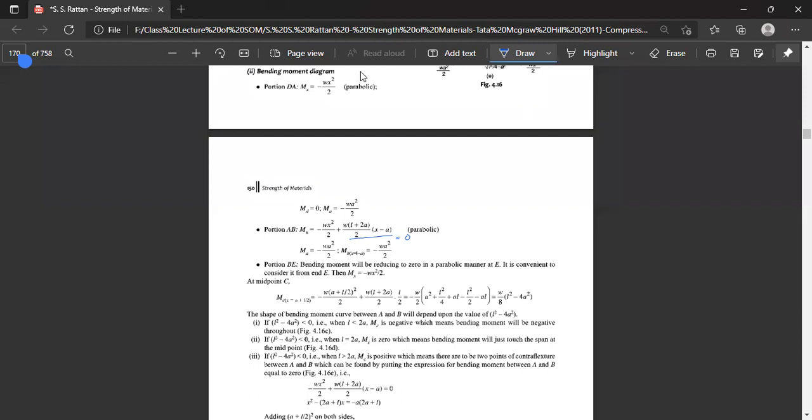It will become only l by 2 and w into l plus 2a divided by 2. Thus, after simplification, it becomes omega by 8 into l square minus 4a whole square.